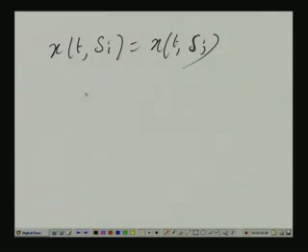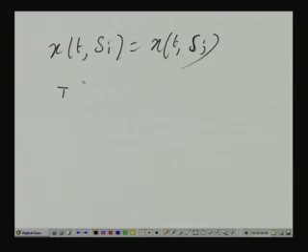But if the system is stochastic, it will not give the same output, because it is not only looking at these waveforms as functions of time, it is also considering the particular outcome. So, for outcome S i, its behavior will be different from its action when the outcome is S j.